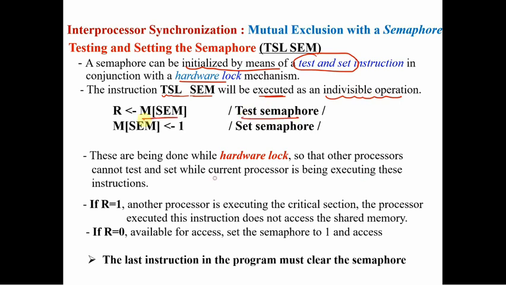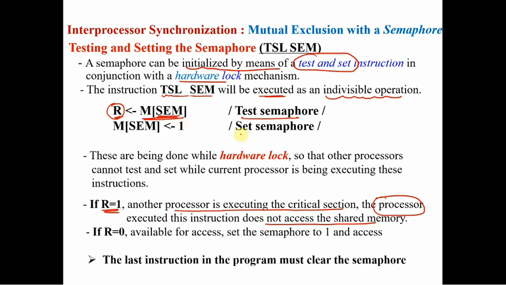It reads the semaphore value from memory into some register R. Check the R value. If R is 1, it means another processor is already executing the critical section, and the processor trying to enter does not access the shared memory.